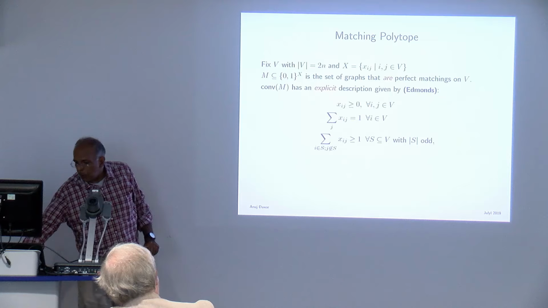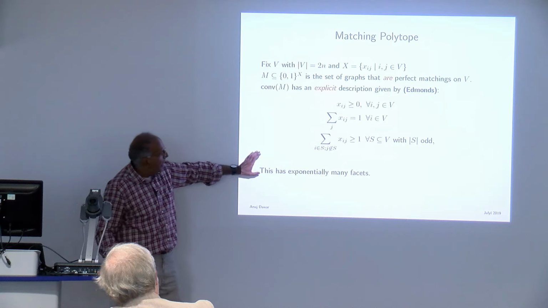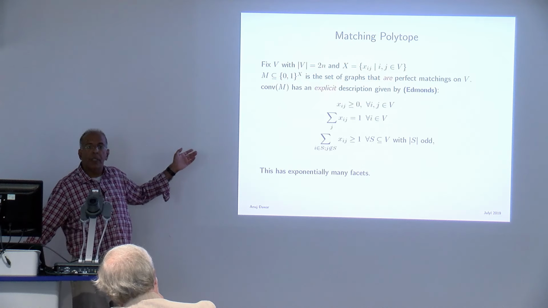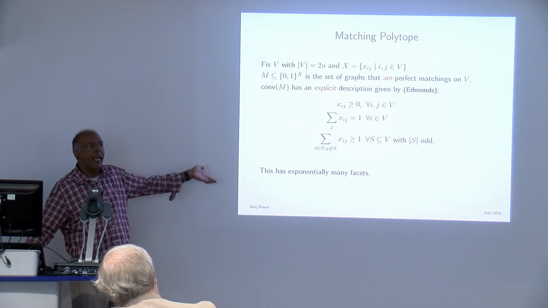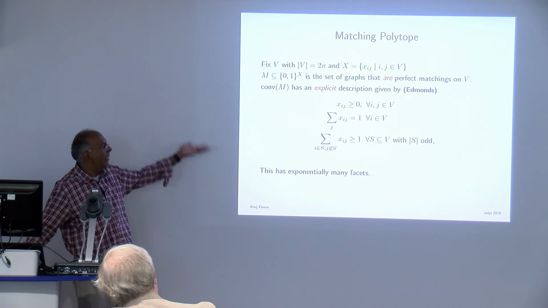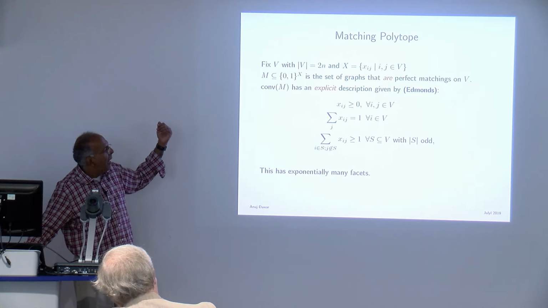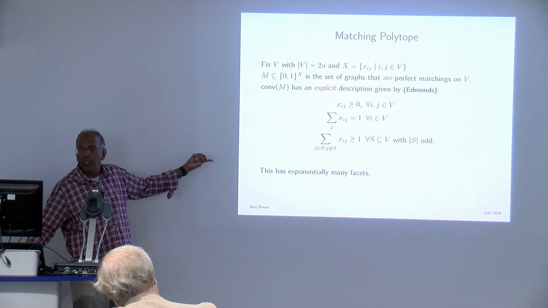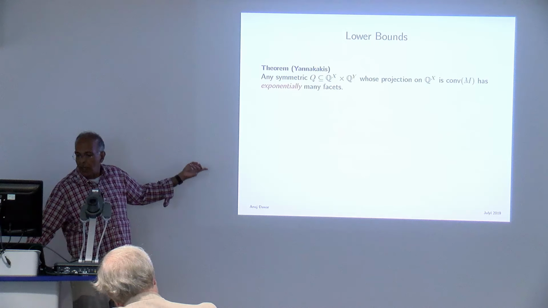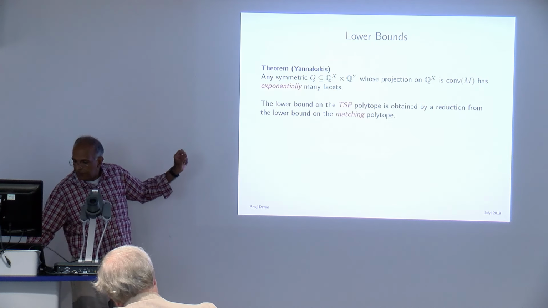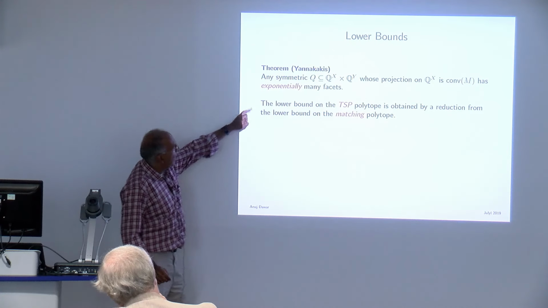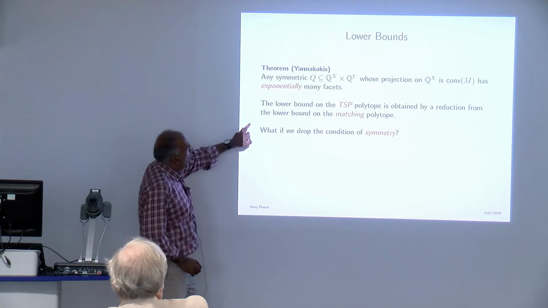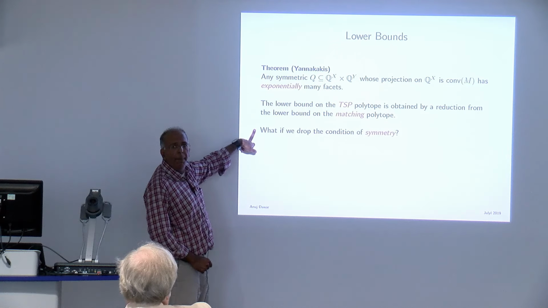Never mind all this. The point is, it has a natural expression with exponentially many facets, and Yannakakis proves that this is, again, necessarily exponential for any symmetric presentation of this, even as an extended formulation. Even though the problem of deciding whether a perfect matching exists is polynomial time, unlike Hamiltonian cycle. So he gets the TSP lower bound from a matching lower bound. To what extent is the condition of symmetry necessary?